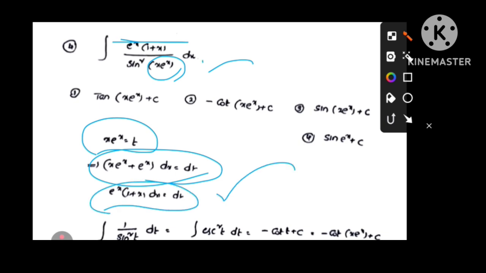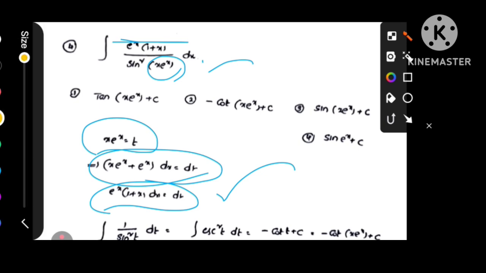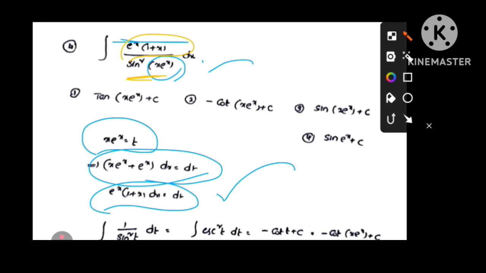Now the question becomes, this total value becomes dt here, and this becomes sin² t. But 1 by sin² t is equal to cosec² t, and the integration of cosec² t is equal to minus cot t. In the last step, replace the t value: minus cot of x e^x plus c. That's all. This is the answer.